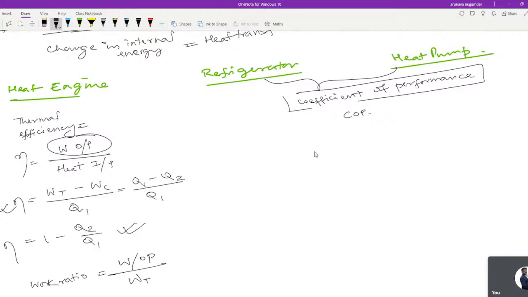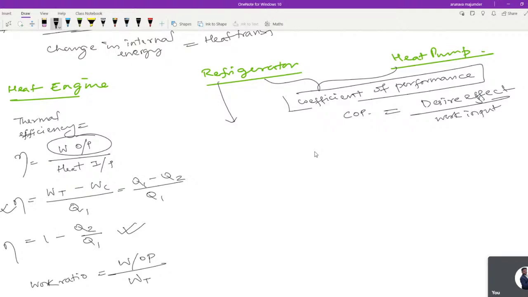So what does COP refer to? It refers to the desired effect to the work input. Okay. Now what is the purpose of the refrigerator? Obviously it maintains the temperature lower than the outside temperature, to cool something down. And the heat pump maintains the temperature above the surroundings, to warm something up, right?